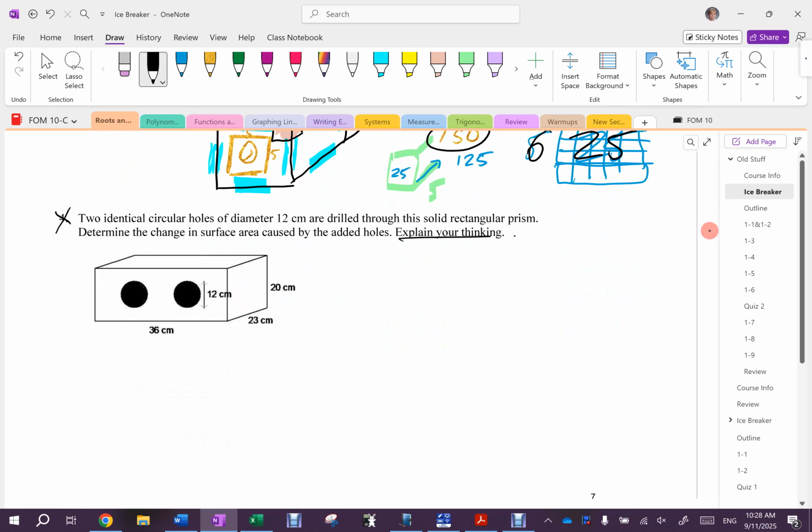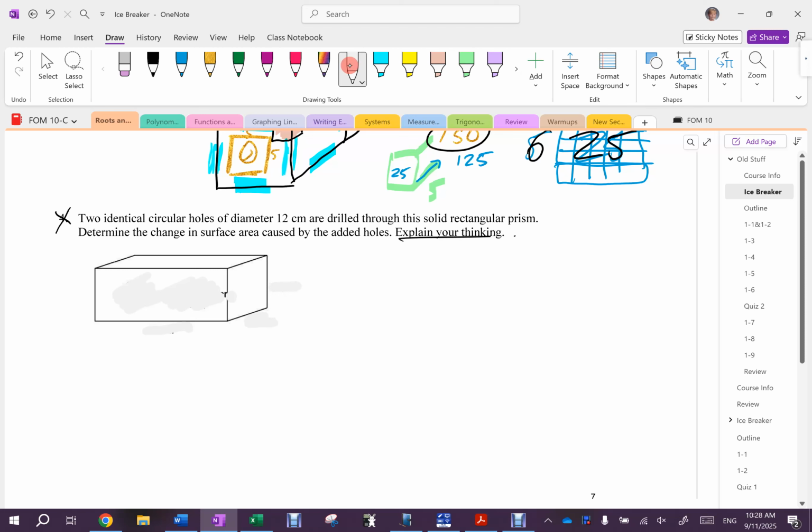Okay? All right. Now down here, I told you you didn't need to do any math. You just had to explain your thinking. So I told you that this was a solid box. Forget the numbers. Does everybody agree? Surface area is anything on the surface outside, yes?